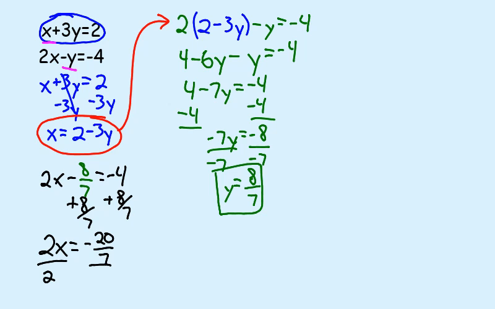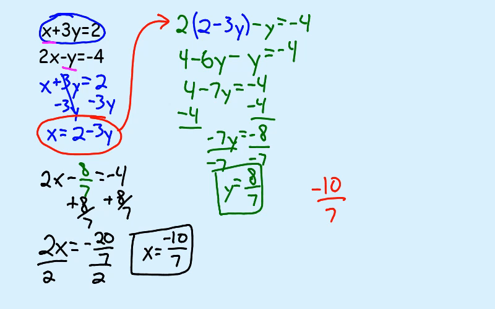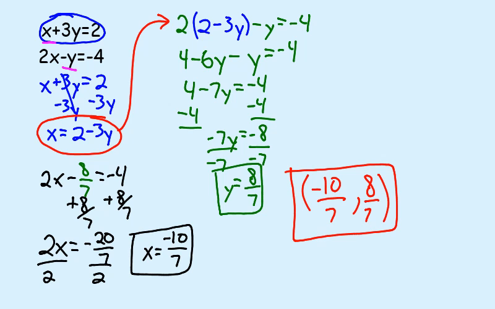And again, yes, I'm cheating and using a calculator, but that's okay. Now I have the answer for x and the answer for y, so I need to rewrite this as a coordinate point for my final answer. And that's it.